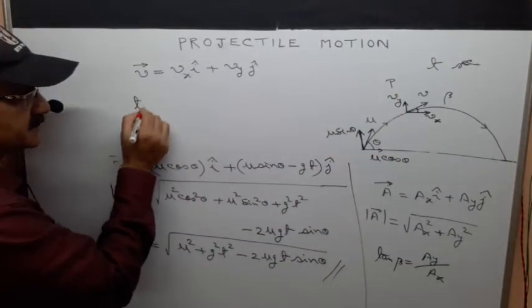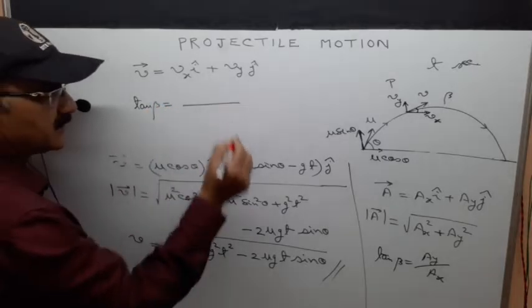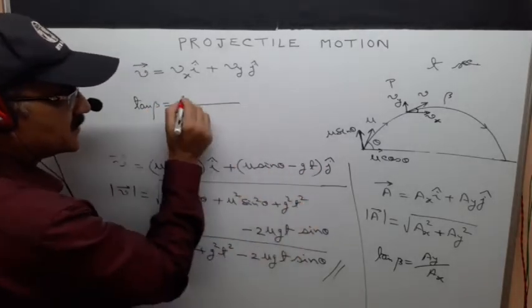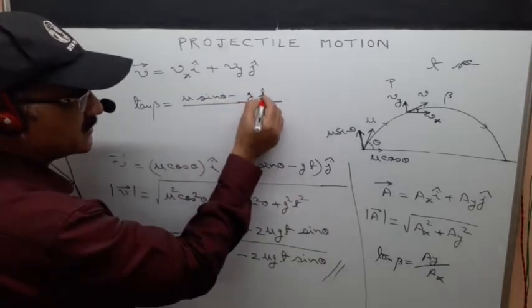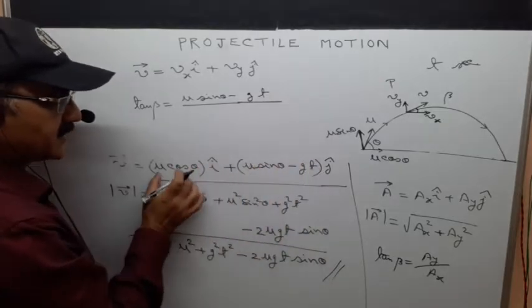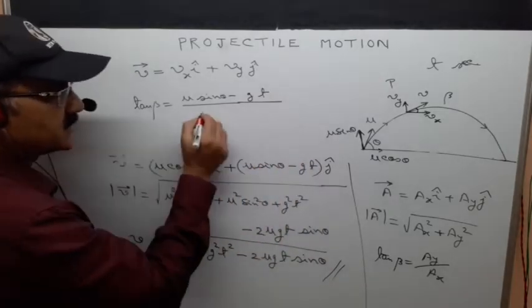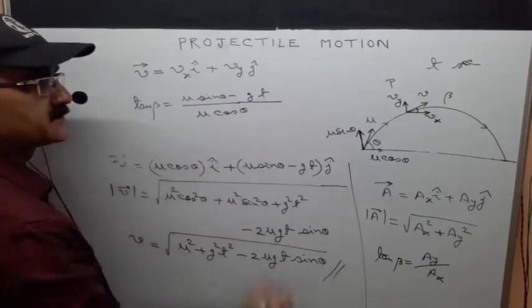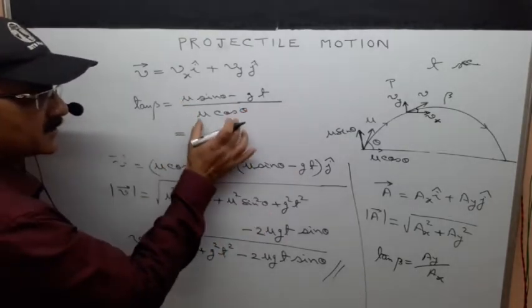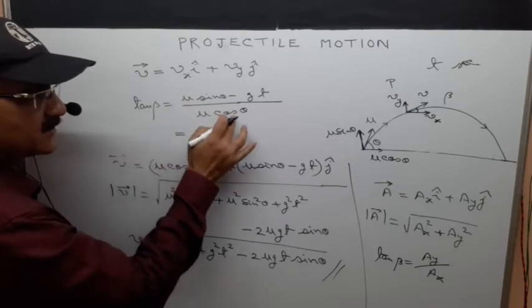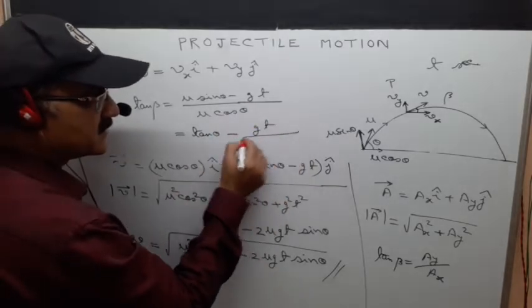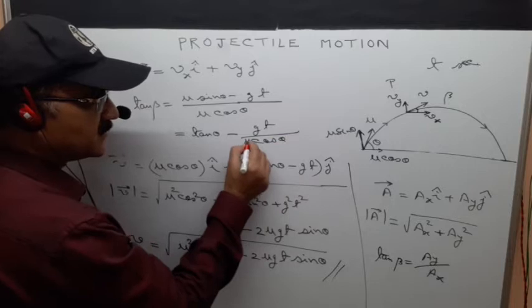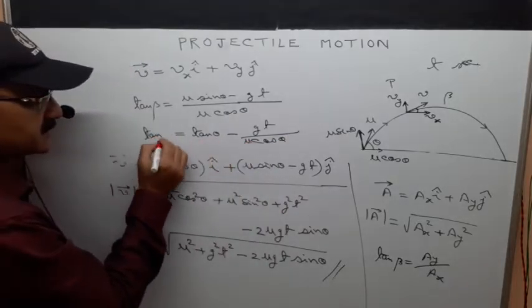Like this. Tan of beta will be the coefficient of j cap, that is u sin theta minus gt, divided by the coefficient of i cap, that is u cos theta. So this will reduce to this by this, u will cancel out, sin theta by cos theta is tan theta, minus gt by u cos theta remains as it is. This is tan beta.